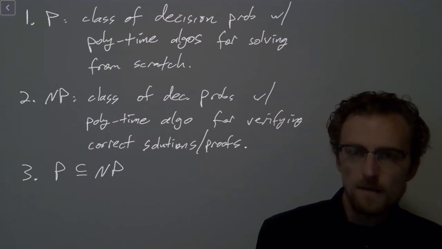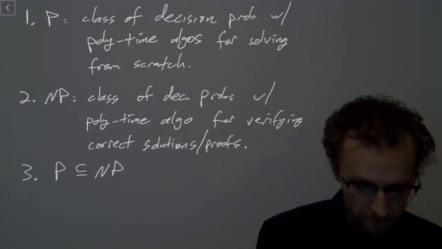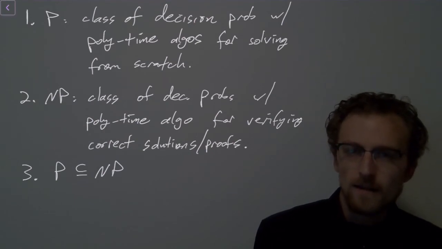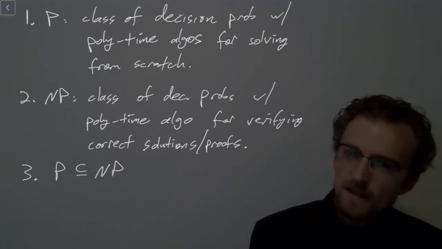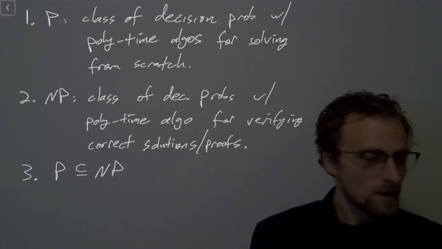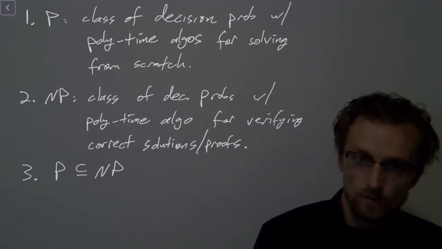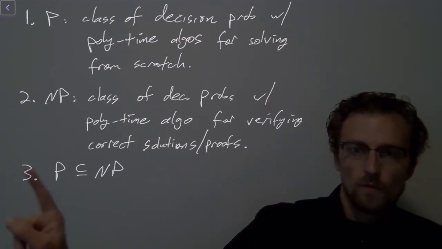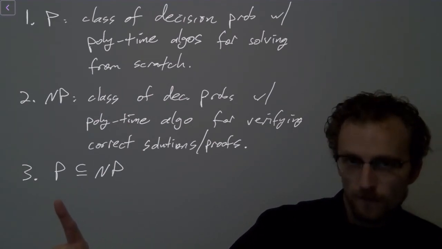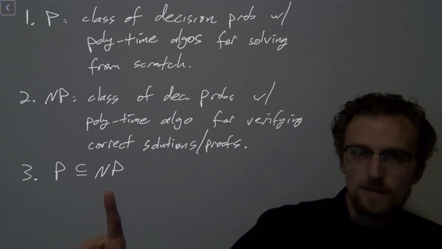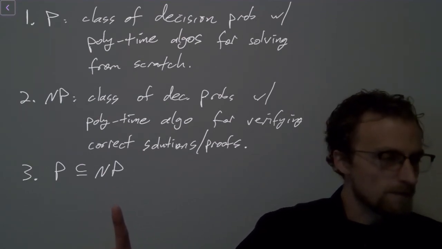If I say P is a subset of NP, one way of explaining what that means is that a problem in P is no harder to solve than a problem in NP. Or if you want to be more verbose, the class P is the class of decision problems that I can solve from scratch fast, and the class NP is the class of decision problems whose correct solutions I can verify fast.